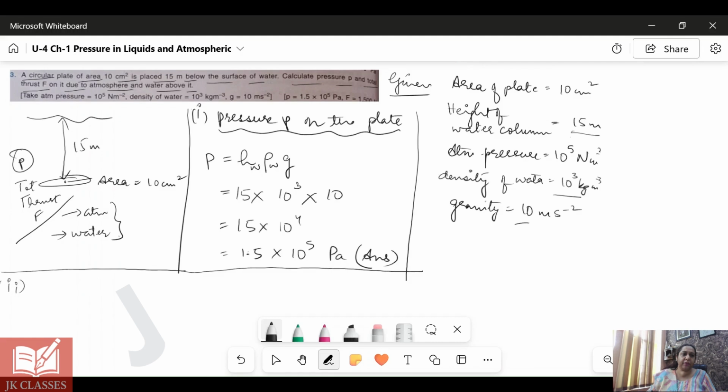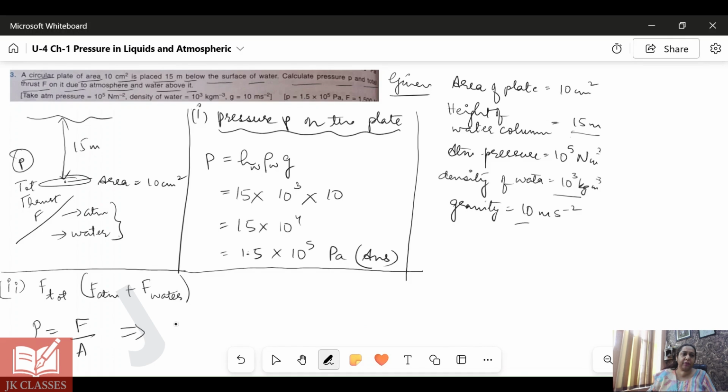Now the second part. Second part asks us to find the total thrust on the plate. Total here refers to sum of thrust due to atmosphere and thrust due to water column above the plate. First of all, we will see that from the formula P is equal to F by A, we can calculate force as the product of pressure and area, right?